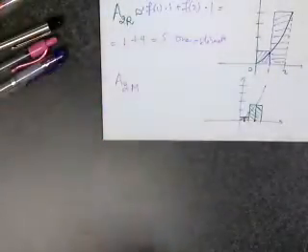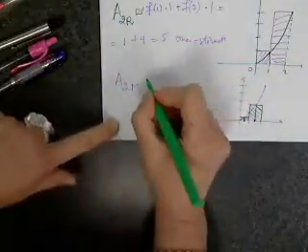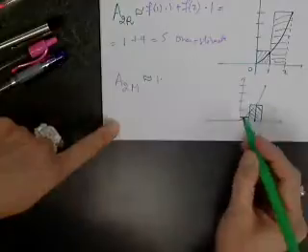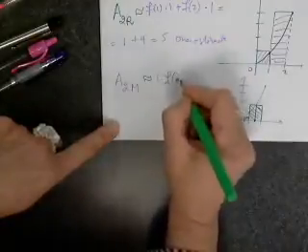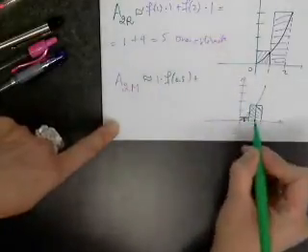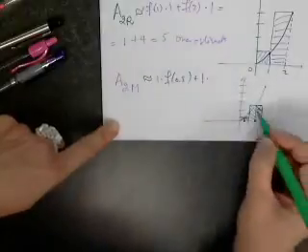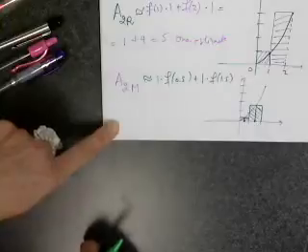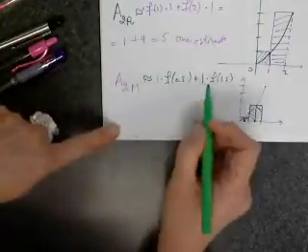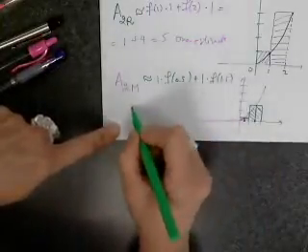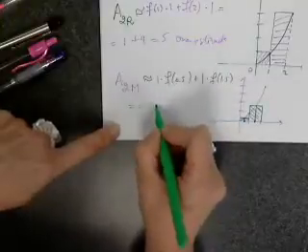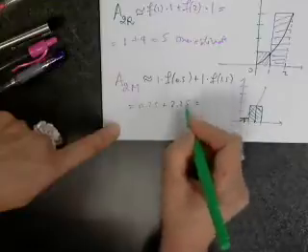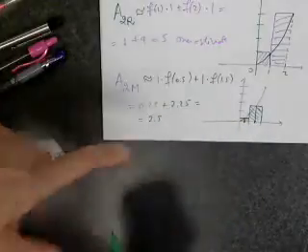Always. So then this is approximately base, which is 1, times height, f of 0.5, plus base, which is 1, times height, f of 1.5. So 0.5 squared is 0.25. 1.5 squared is 2.25. So the answer is 2.5.